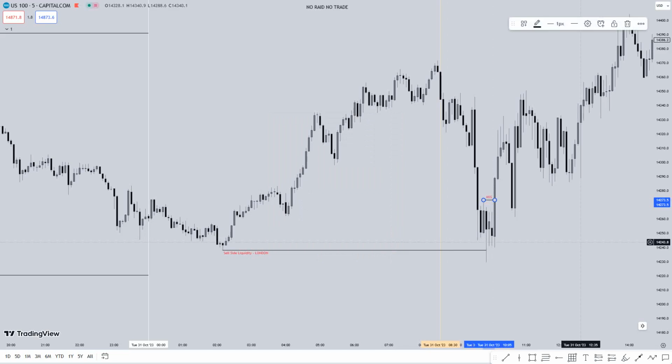We do have a market shift. And once that happens, you want to go and reference what happened before price broke the high, before we had that market shift. You want to look at that area right there, from the low to that high.